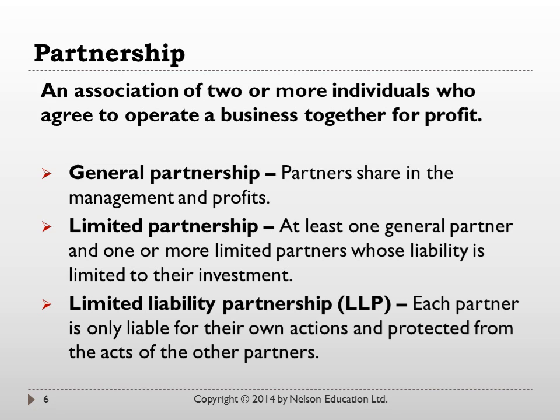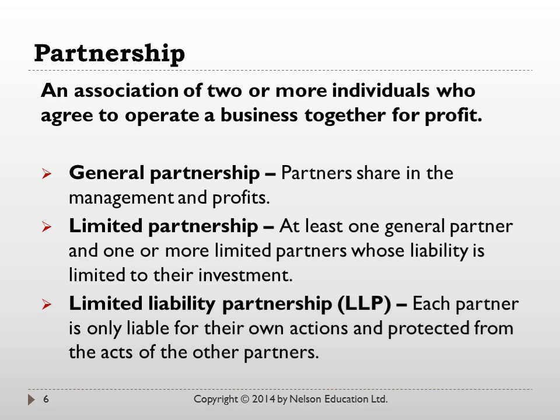The third type of partnership in Canada is something that's called a limited liability partnership, or an LLP. And in a limited liability partnership, each of the partners is protected from the acts of the other partners.